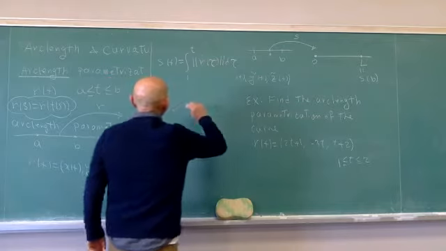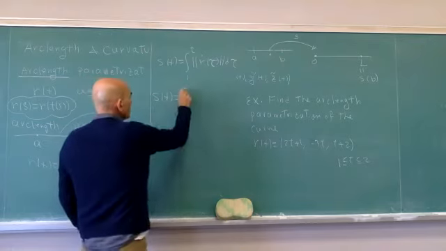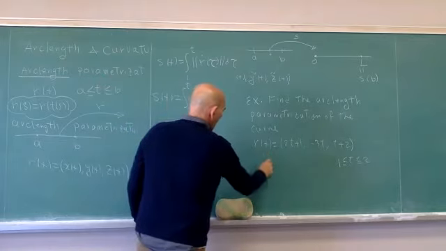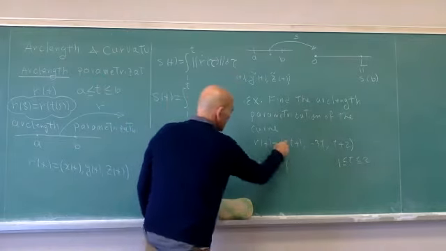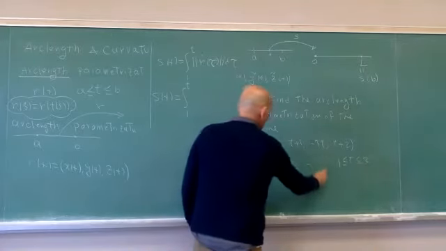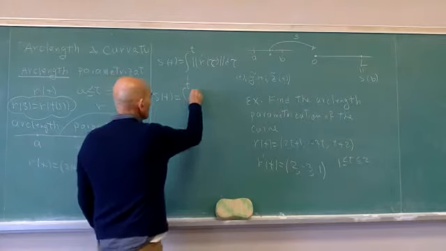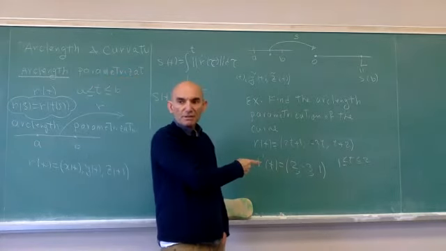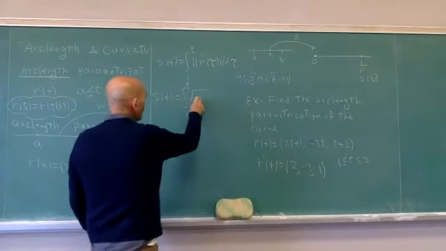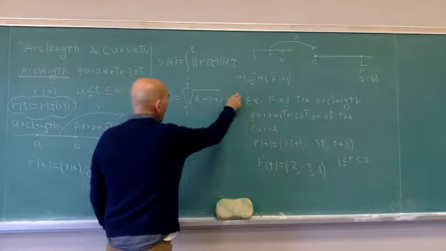So s of t is equal to the integral from 1 to t. Now let's compute r prime of tau. This is r prime of t equal to 2, negative 3, and 1. That's really a lucky situation, because the norm turns out to be independent of t. It's just a constant vector. So we have got the square root of 4 plus 9 plus 1, d tau.